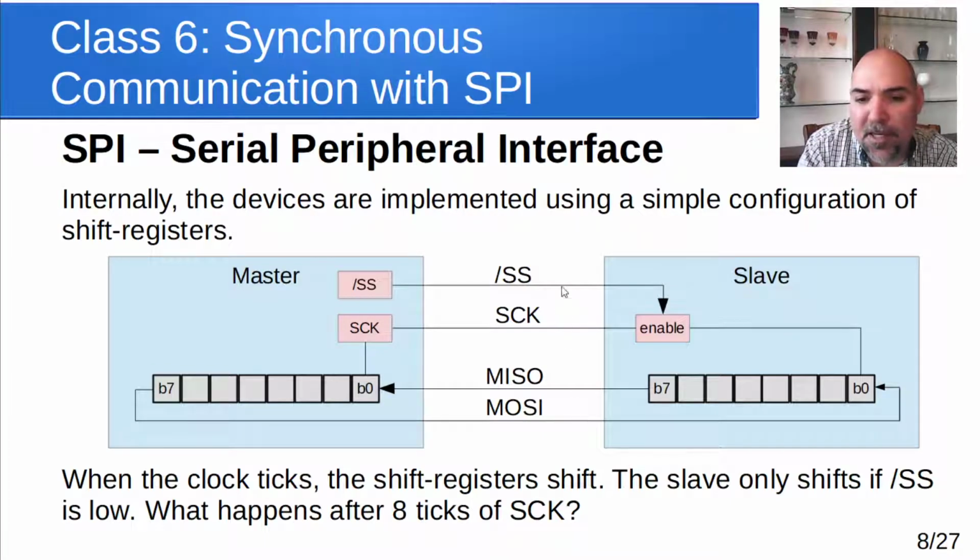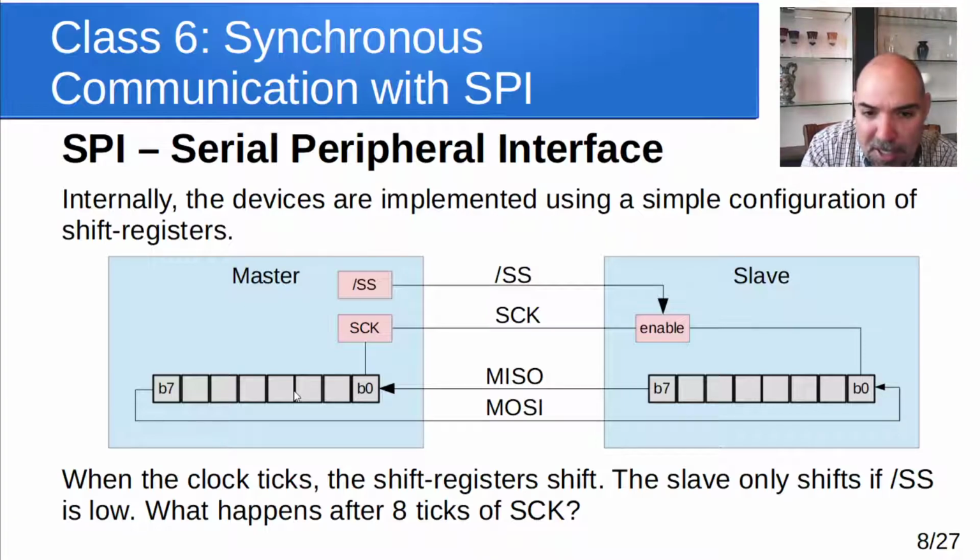Here are the 4 lines connecting them: slave select, SCK, MISO, MOSI. So again, master in, slave out connects from bit 7 of the slave's shift register to bit 0 of the master's shift register. And then MOSI connects from bit 7 of the master's shift register all the way around to bit 0 of the slave.